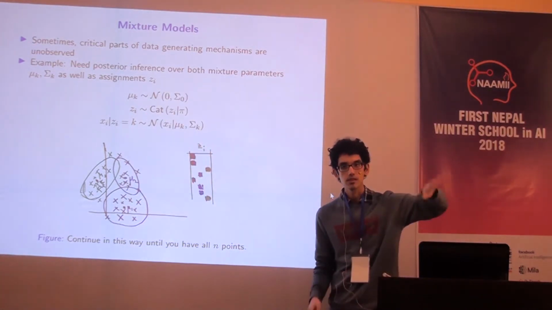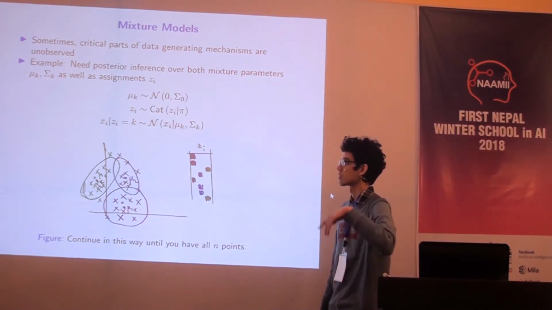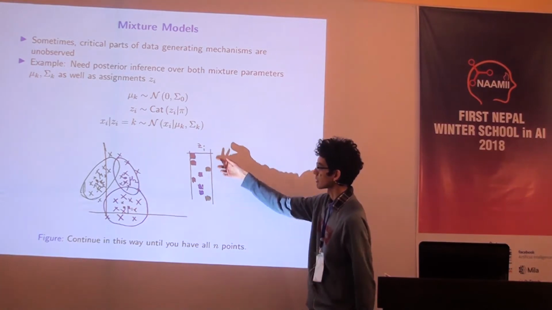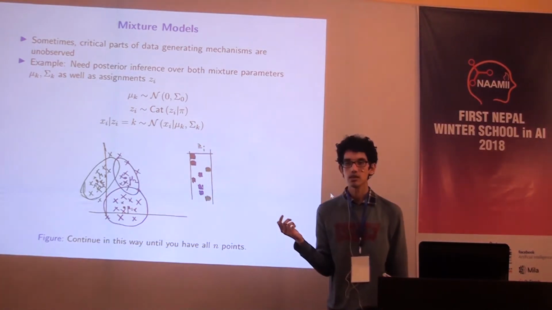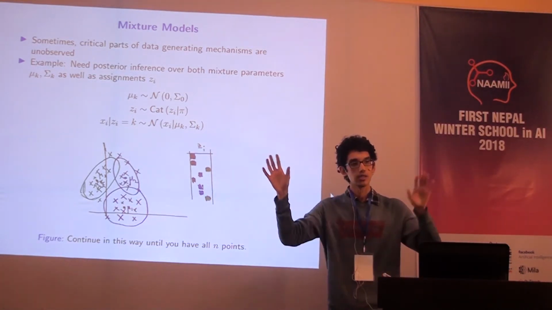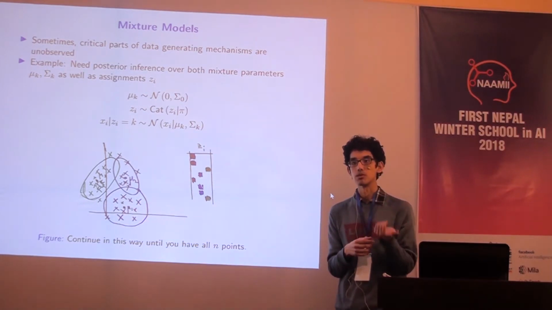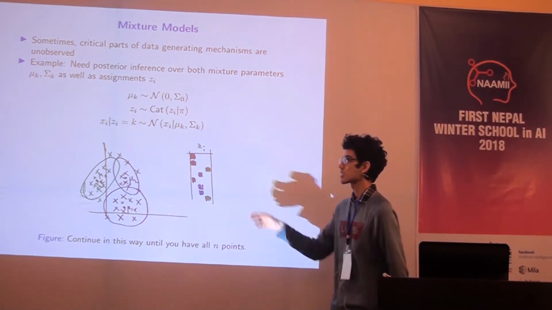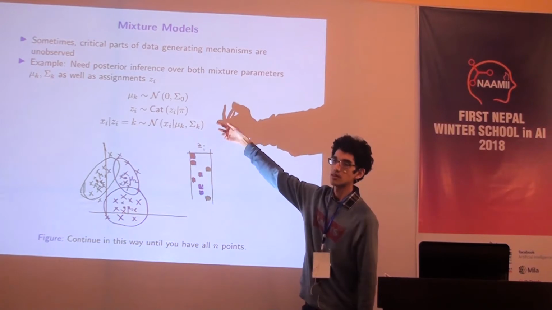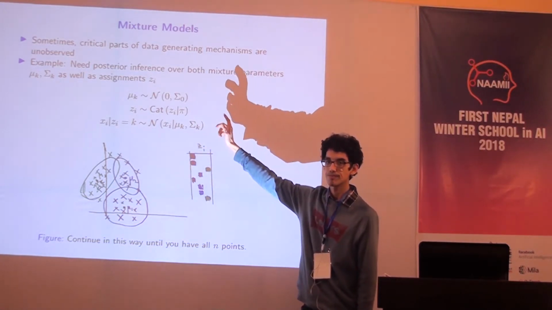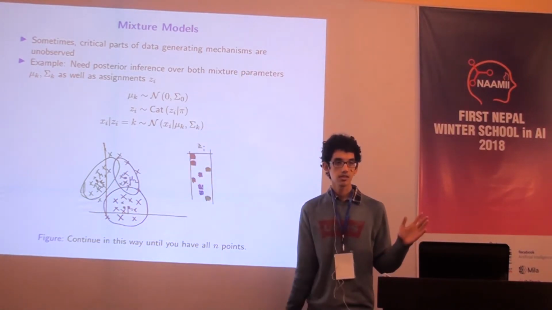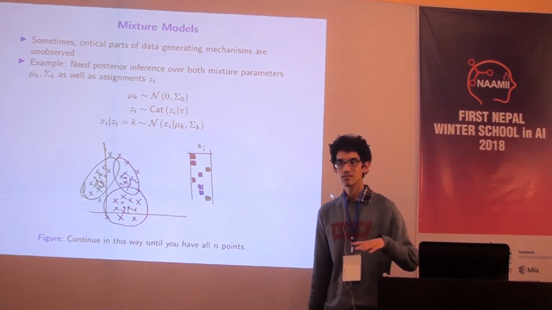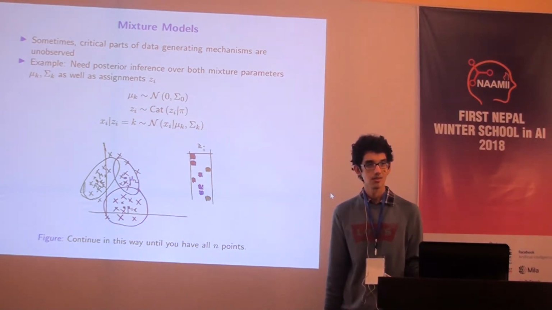You have clusters of data around one mean, clusters around another mean, and at the end you have this big matrix that's encoding which component each individual data point belonged to, right? So this is just the graphical way of understanding this set of equations. Okay, makes sense, the setup? Any questions?